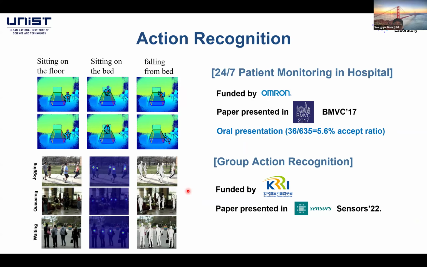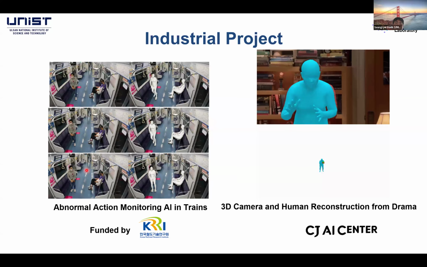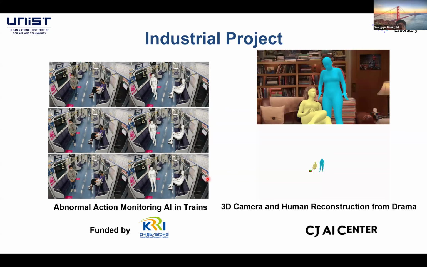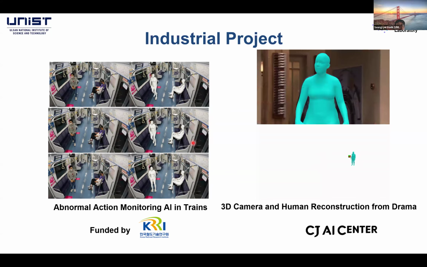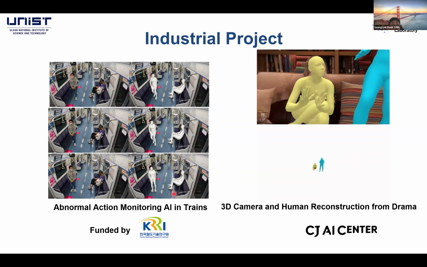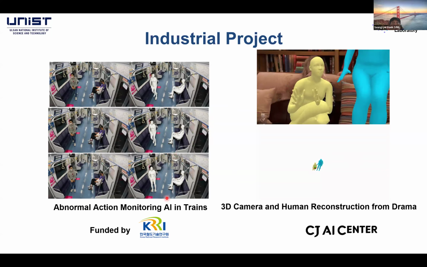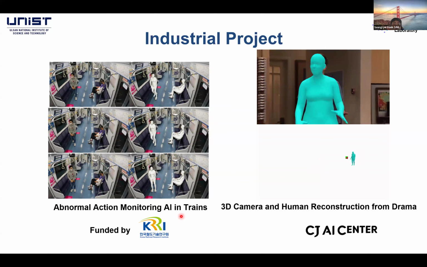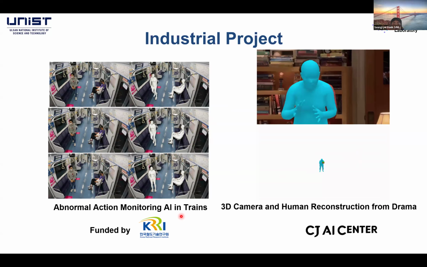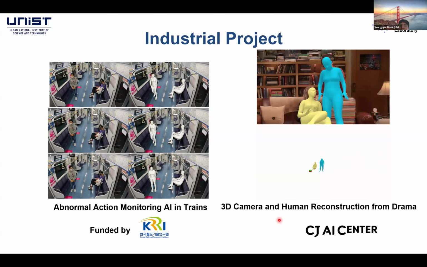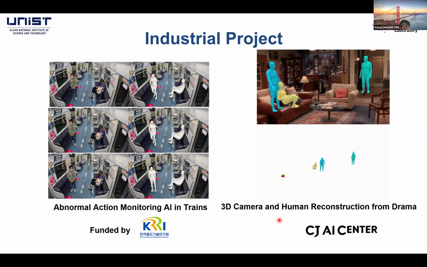There is some work we have done for action recognition, and using this 3D SMPL model, we did a lot of projects as well. From KLRI, we got some data for training. And from CCTV monitoring, we reveal the 3D pose of the human and detect whether humans are doing abnormal actions or not. And for this CJ project, we submitted this to CVPR.